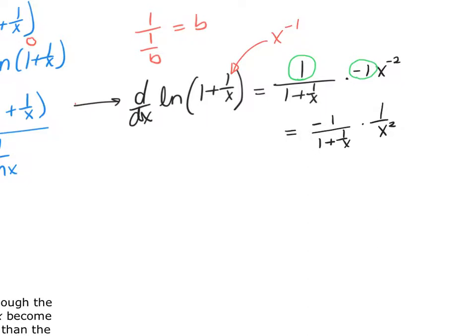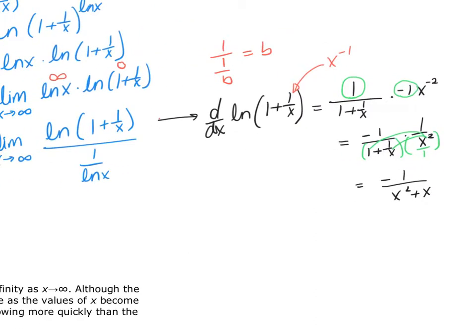Because those two are both in the denominator, I can multiply this through, and this is x squared over 1. So I get negative 1 in the numerator, and then distributing the x squared onto the 1 and onto the 1 over x, I get x squared plus x. So that's what I got for the numerator.